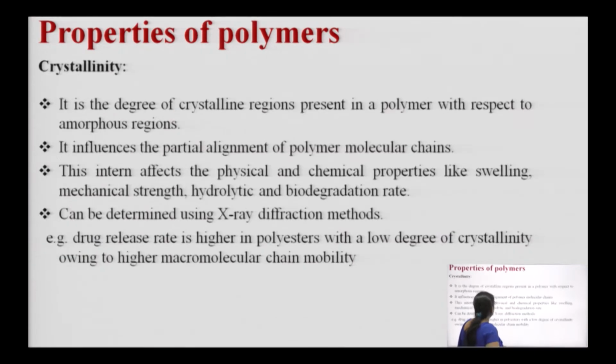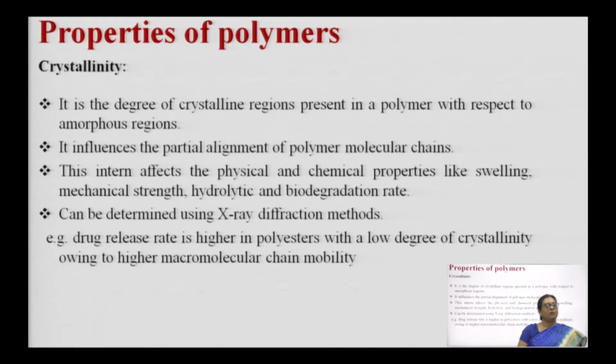So, the first property here is crystallinity. We have studied in chemistry that matter can exist in crystalline as well as amorphous forms. Crystalline forms are those where the constituting atoms or molecules are held together in a definitive crystal lattice arrangement, whereas in amorphous forms, the molecules or atoms are randomly arranged, and due to this random or organized arrangement, these substances differ in their physical as well as sometimes chemical properties.